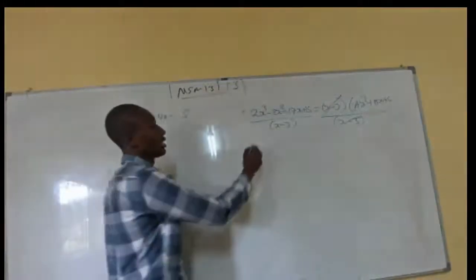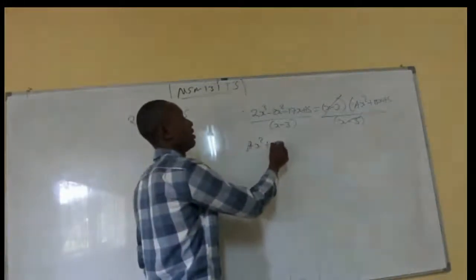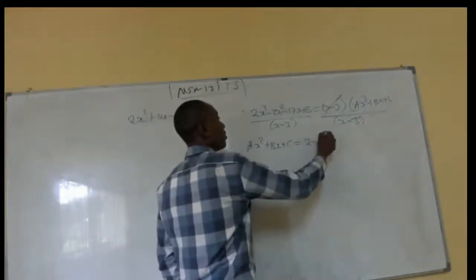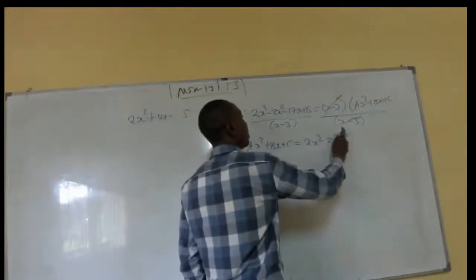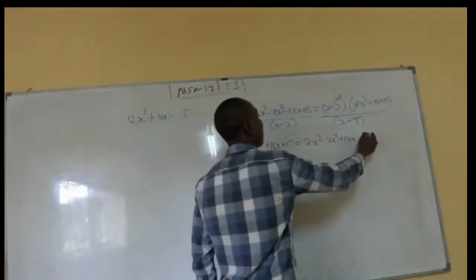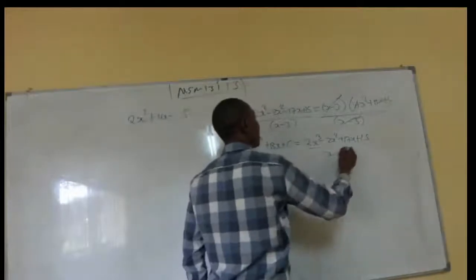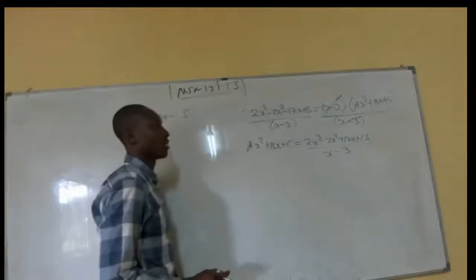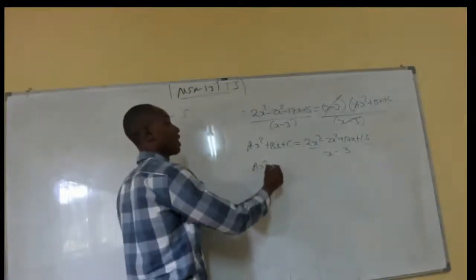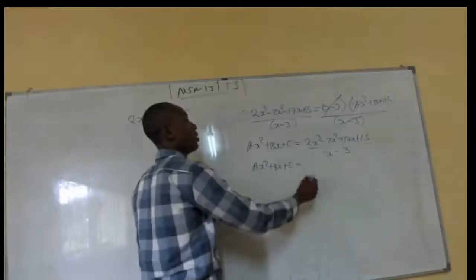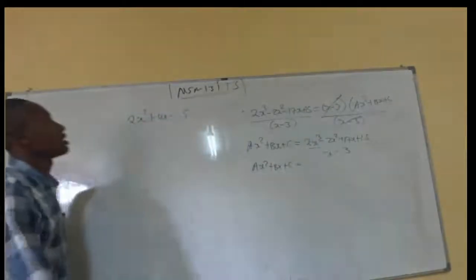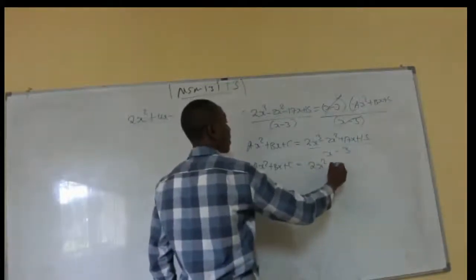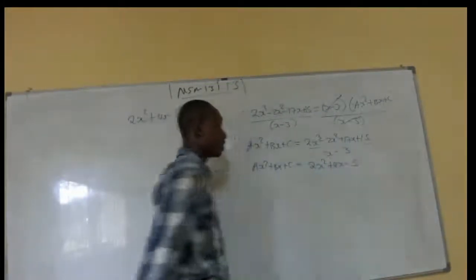You notice that ax squared plus bx plus c is equal to 2x to the power 3 minus 2x squared minus 17x plus 15 over x minus 3. Now, I've already divided this. So what do you find? When we divided this into this, what was the quotient? The quotient was 2x squared plus 4x minus 5. So that was the reduced.